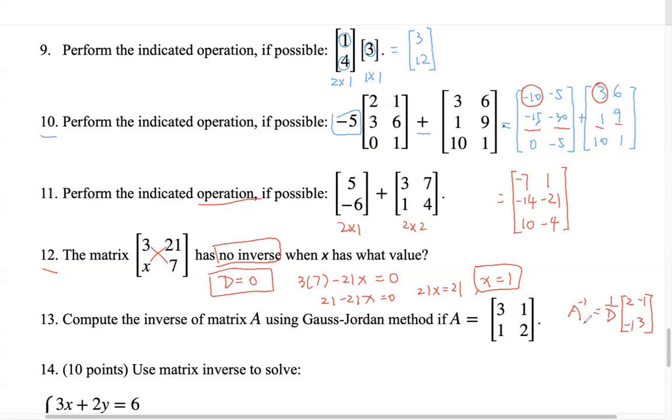So we have to find D. D is 3 times 2, 6, minus 1 times 1, 1. So 5. So A inverse is 1 over 5, followed by this matrix 2, 3, -1, -1. But 13 wants us to use the Gauss-Jordan elimination method, so let's do that. We should get the same answer. The answer should be this.